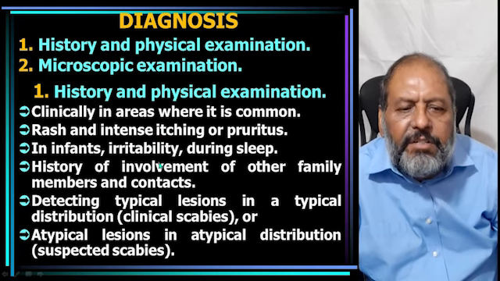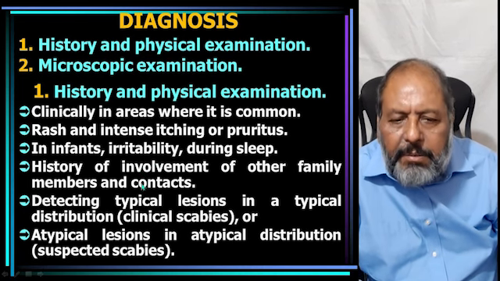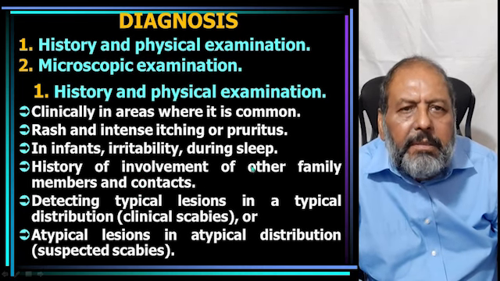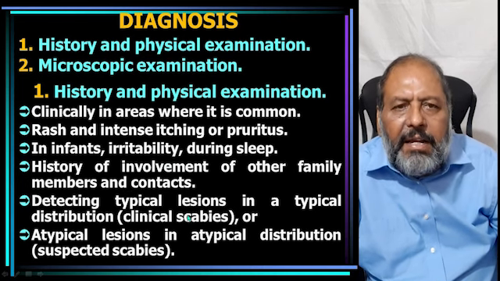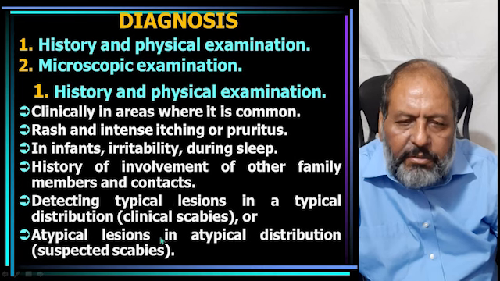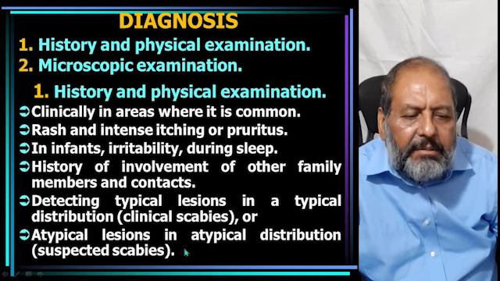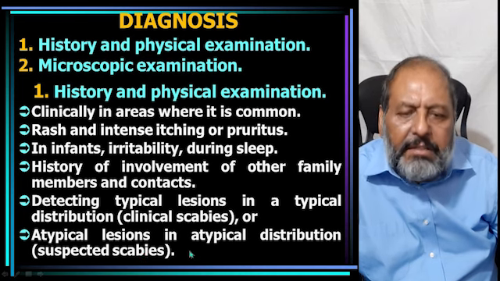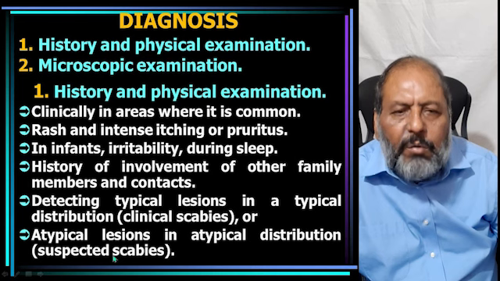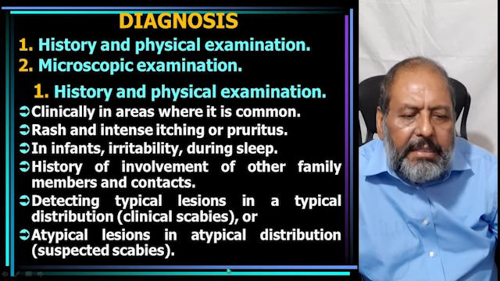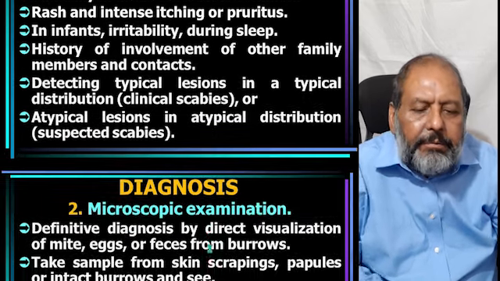Rash and intense itching or pruritus is there, and infant irritability during sleep is noted, and a history of involvement of other family members and contacts is also positive. One can detect typical lesions in a typical distribution, as I have already shown you, that is called clinical scabies, or one can have atypical lesions in atypical distribution, that is suspected scabies.